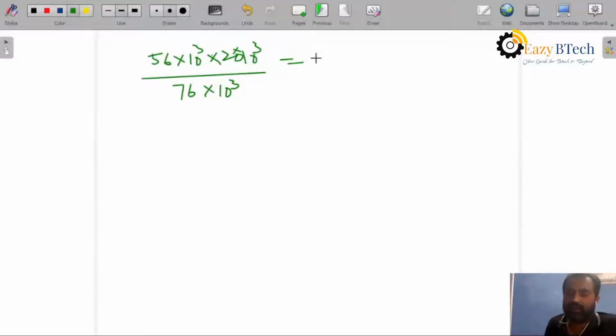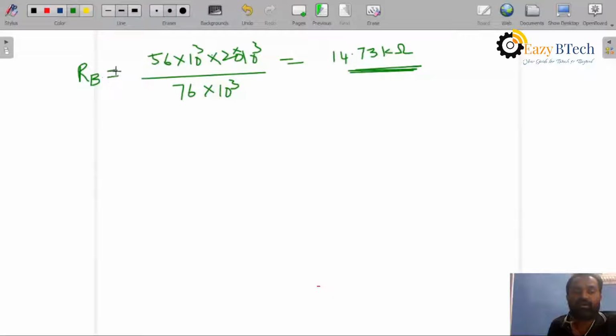Approximately you will get the value of RB as 14.73 kilo ohm. That is the value of RB. Is it clear?